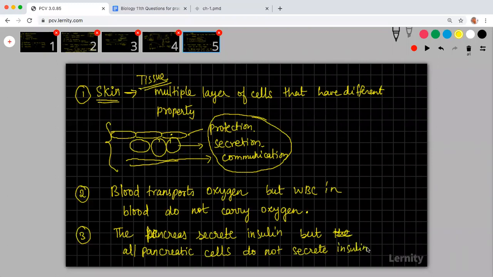You can try to tell about stomach also. Stomach will secrete hydrochloric acid, but the mucus cells in stomach will not produce hydrochloric acid. Stomach is made up of multiple types of cells. You have something called oxyntic cells, you have something called goblet cells. Like that, you have different types of cells. All the cells will not do all the function. That is what they are trying to ask.